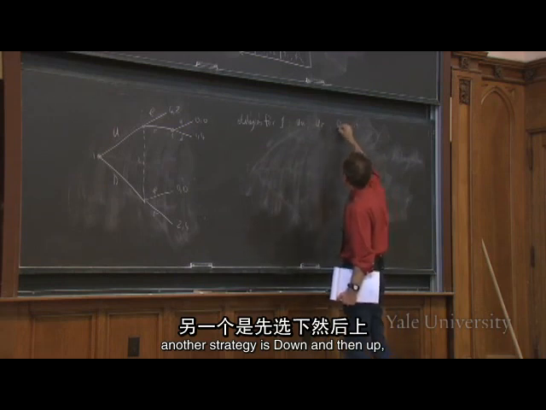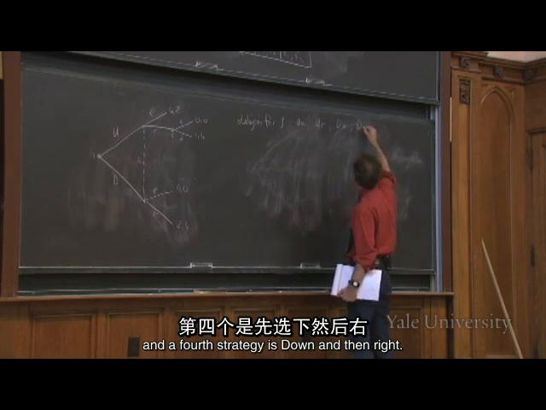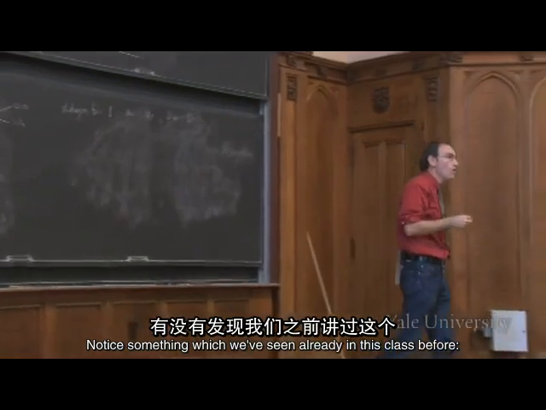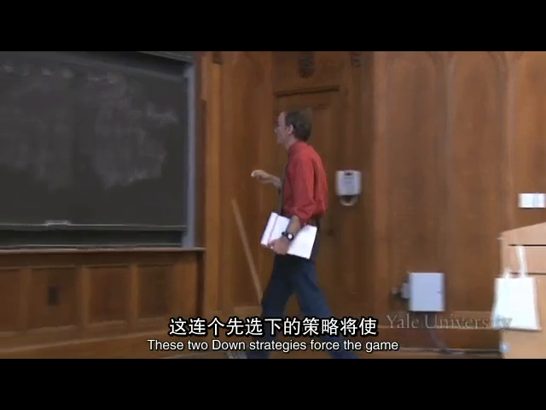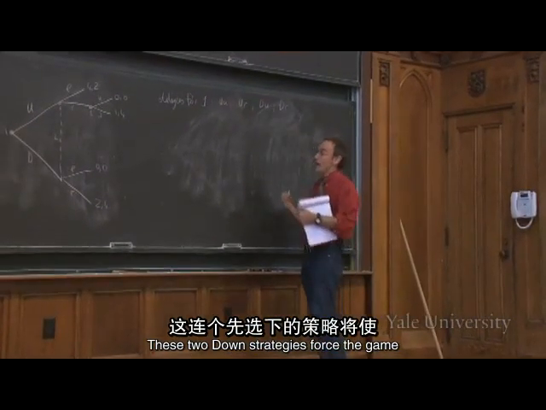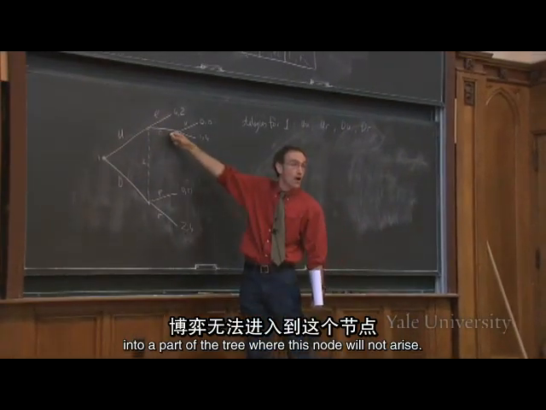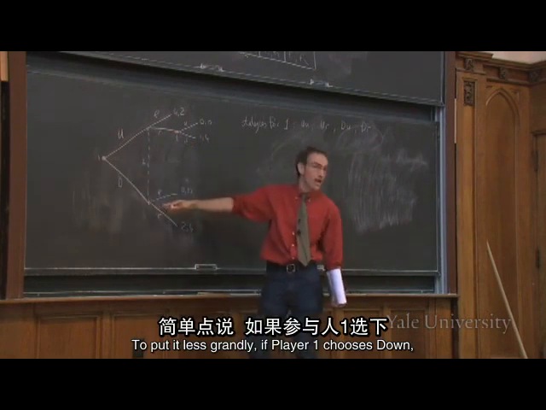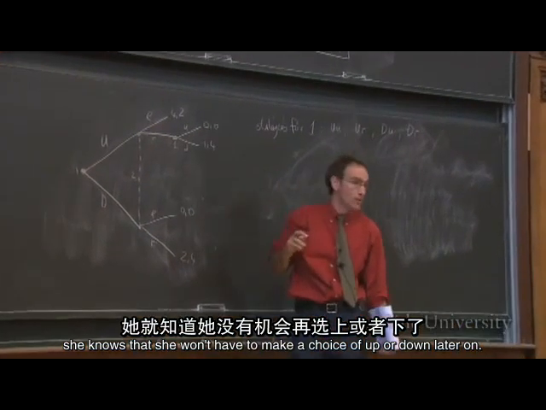Another strategy is down and then up. And a fourth strategy is down and then right. And notice something which we've seen already in this class before. There's a little bit of a redundancy here. These two down strategies force the game into a part of the tree where this node will not arise. Put less grandly, if player 1 chooses down, she knows that she won't have to make a choice of up or down later on.